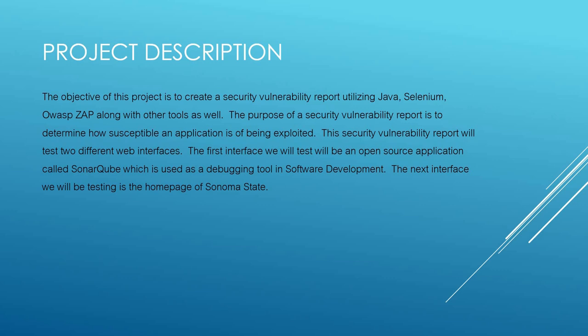This security vulnerability report will test two different web interfaces. The first interface that we're going to test is going to be an open source application called SonarQube, which is used as a debugging tool in software development. The next interface we're going to be testing is the homepage of Sonoma State.